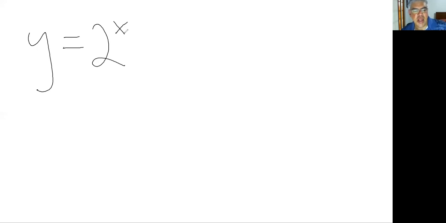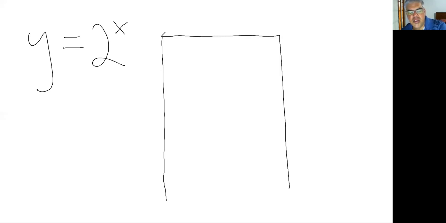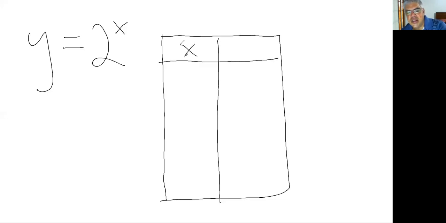So when we create our table, again, we choose at random our x values. May I suggest that we start with -1, and then 0, and then 1, 2, and 3.